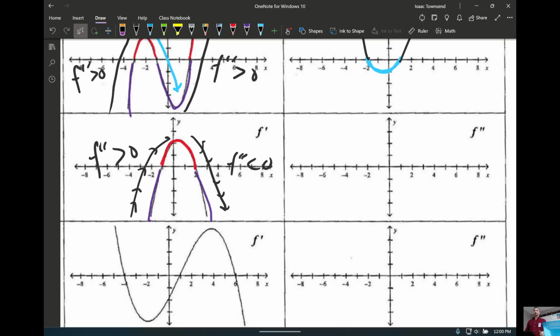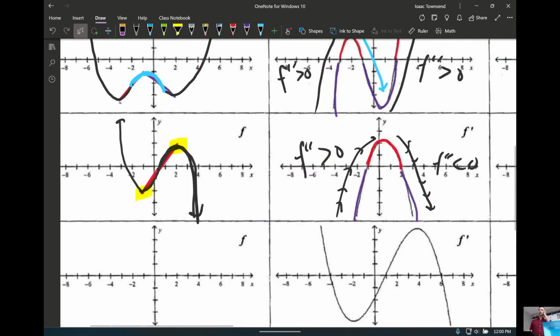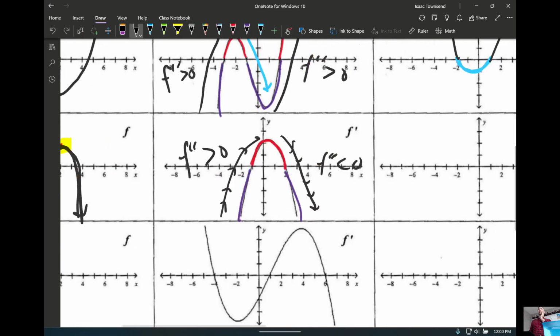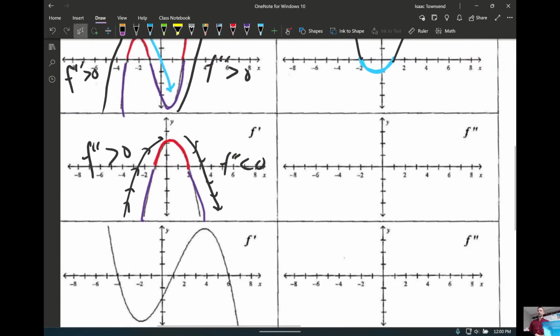Okay. Honestly, if you've already done the concavity for the function, then graphing the second derivative should just about be done, because you've already thought about when the second derivative should be positive and when the second derivative should be negative. So, something like that.